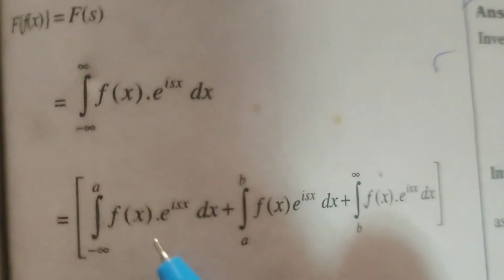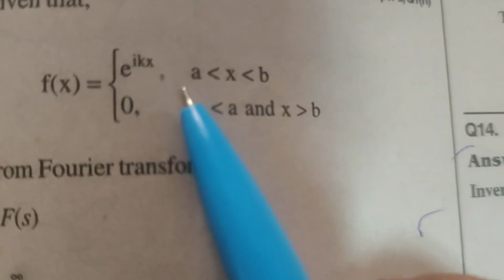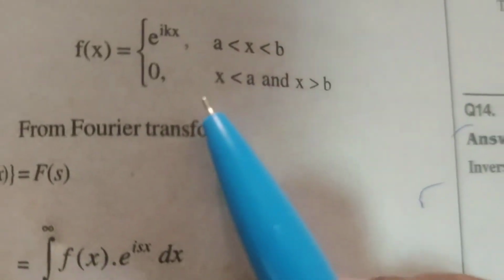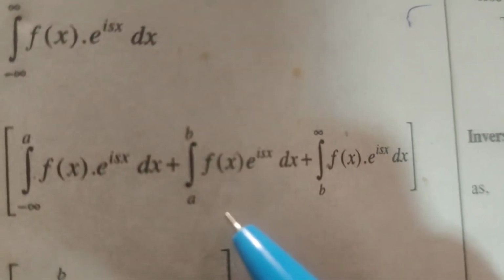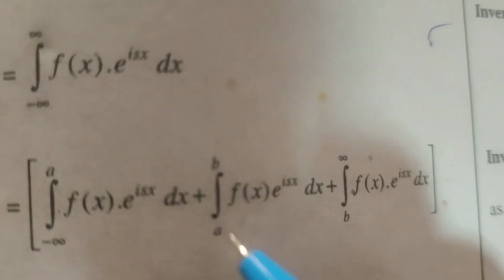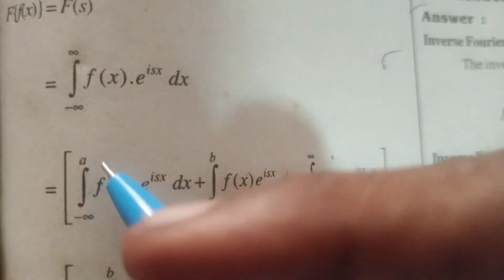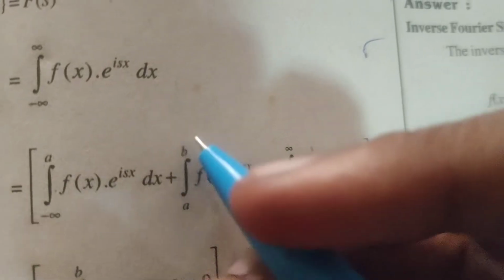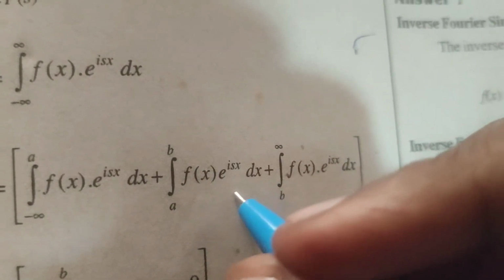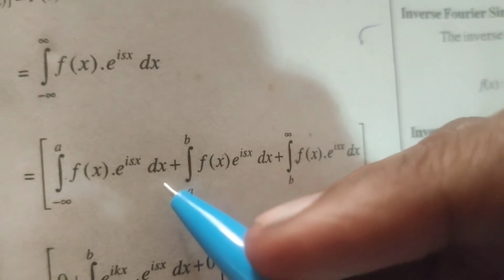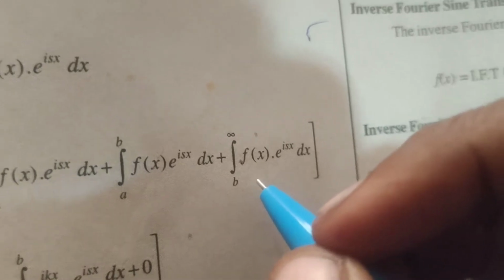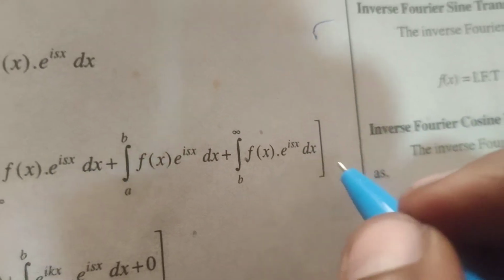Now here, what is f(x)? e^(ikx), where a < x < b, and 0 for x < a and x > b. So we get f(x) e^(isx) dx from minus infinity to a, and a to b, and here also f(x) e^(isx) dx.